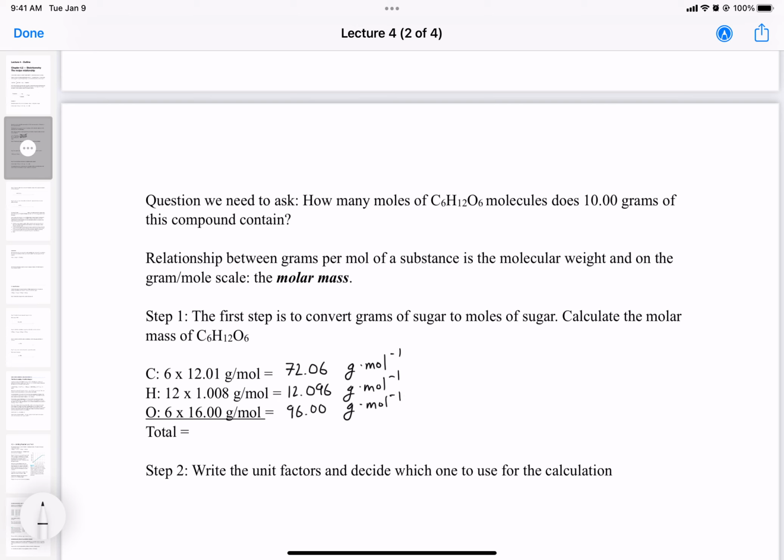So for these sig figs, we're going to put out to 2 decimal places because we're adding these values together. So 180.16 grams per mole. So we get 180.16 grams per mole.